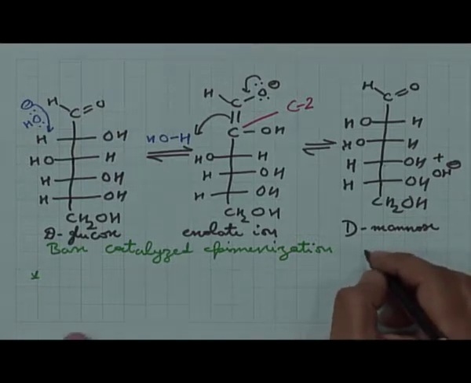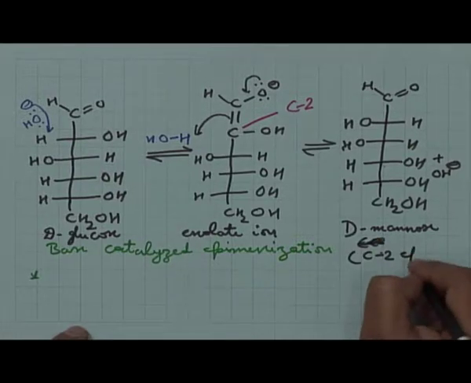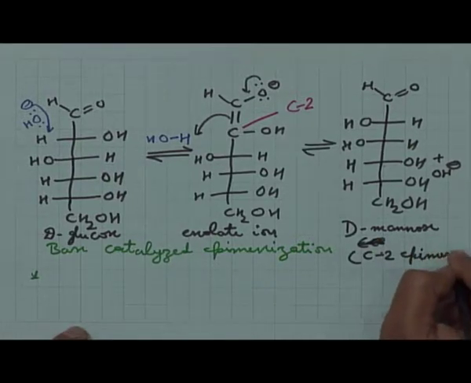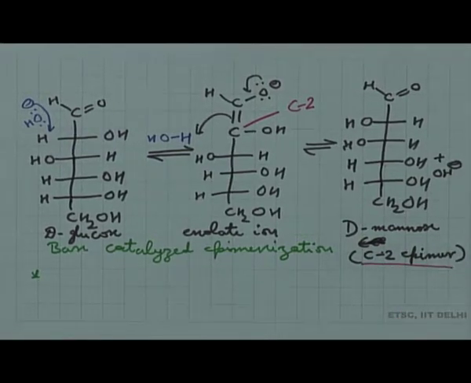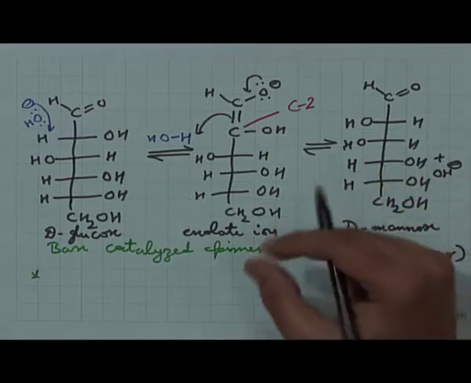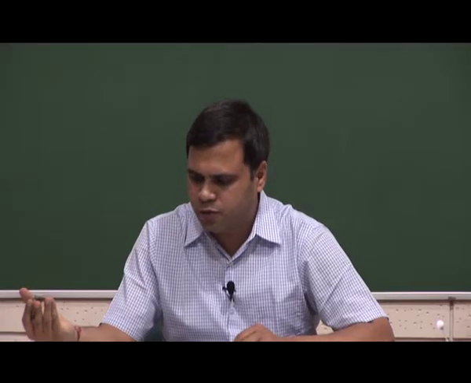D-mannose is the C2 epimer. So, we saw that in the presence of base, an aldohexose can epimerize to another aldohexose.